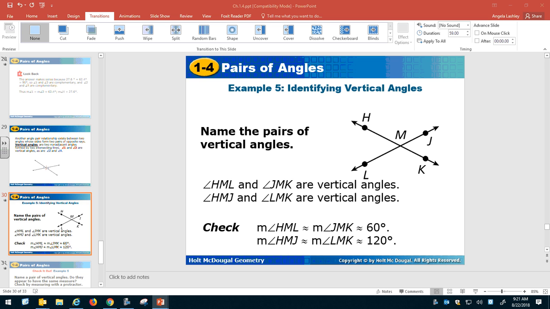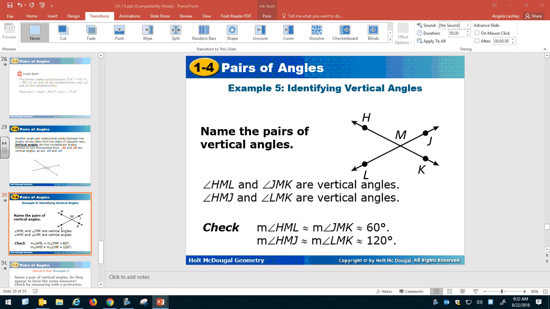So let's go with Hannah. Can you name 1 pair of vertical angles? Okay, angle LMK, which is this angle, and angle HMJ. Very good. Make sure you put those angle symbols in front.